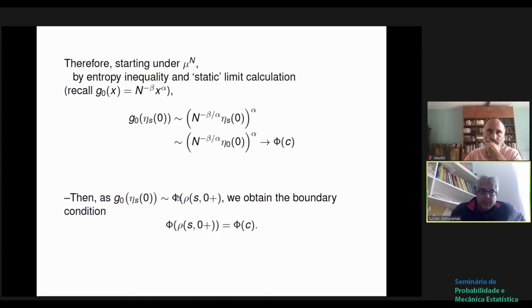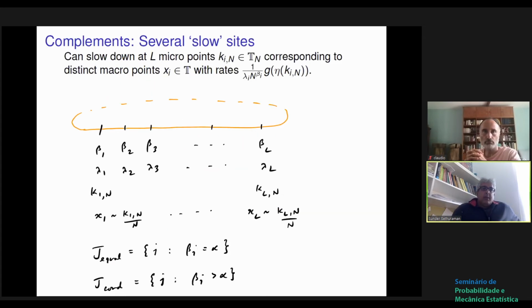This is the thing that we had in blue before, and so this one right here we're saying is basically phi of C. So we're able to get a Dirichlet condition. So just invert the phi's. So rho at time s nearby 0 should be close to C. So that's the boundary condition we get in the supercritical case.